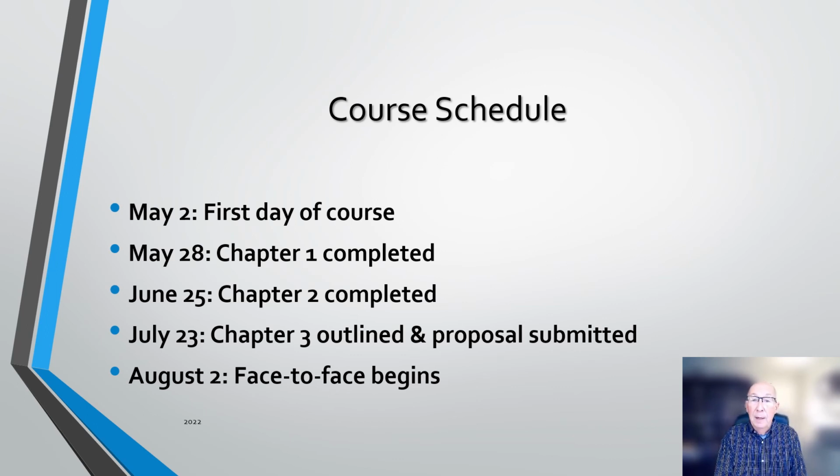But we're going to do that by the end of June. Then by the end of the online course, July 23rd, you will have outlined Chapter 3, which is your study process, your research process, and write a proposal using a form that we will give you that will be submitted to TCM's IRB.